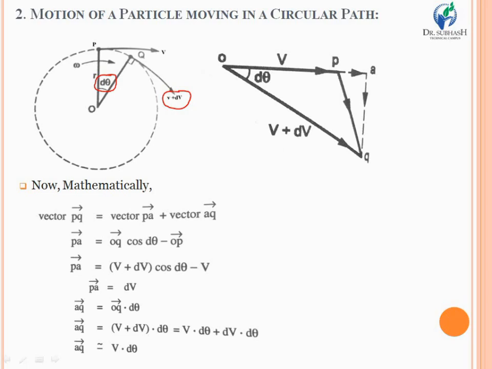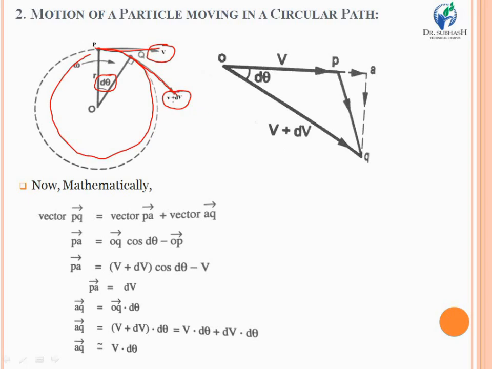Generally this velocity is always directed tangentially to the particle which is moving around this circular motion. So the tangential velocity is of course changing from v to v plus dv.